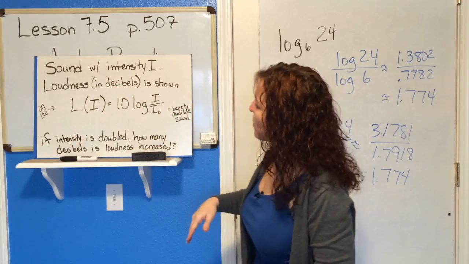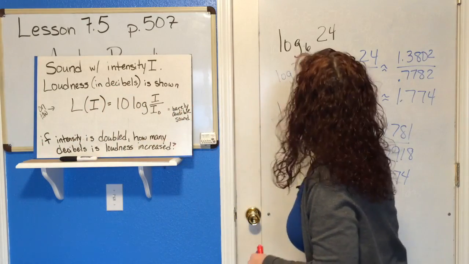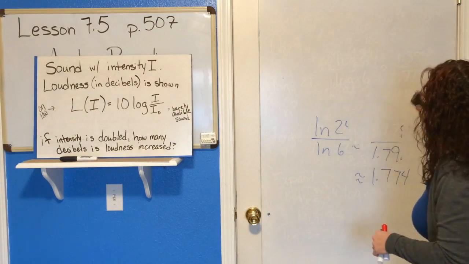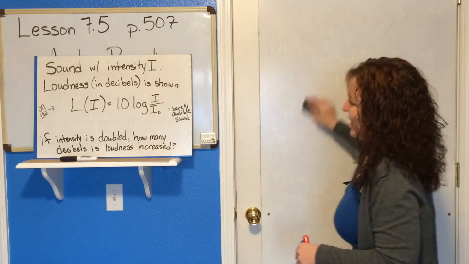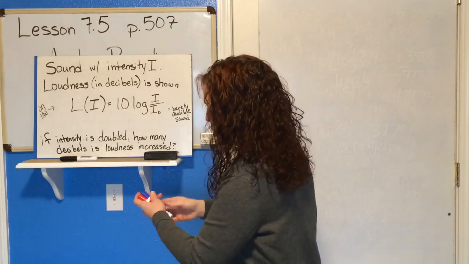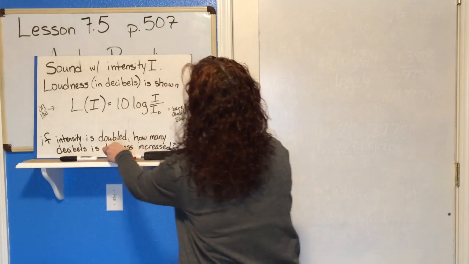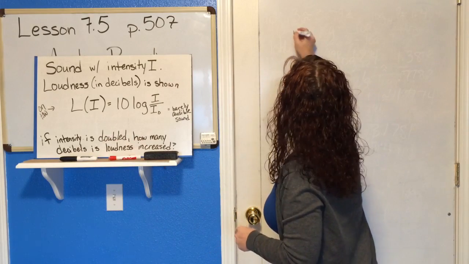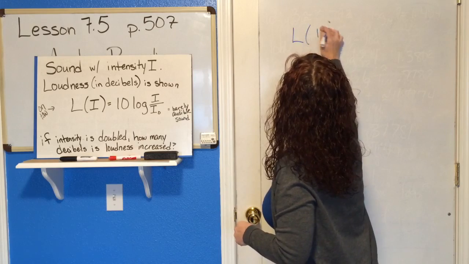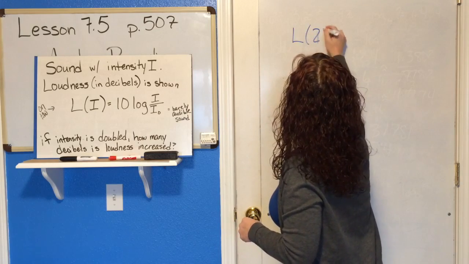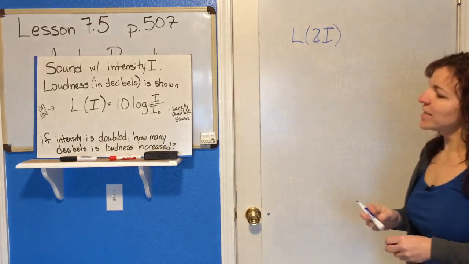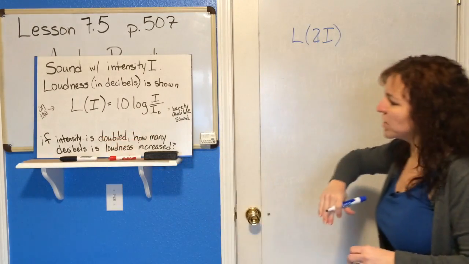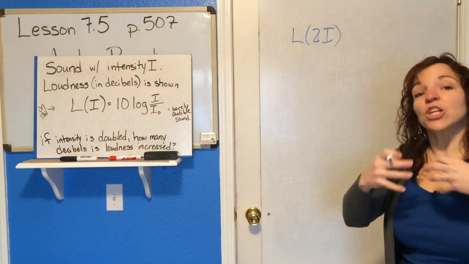All right, so the problem is asking, if the intensity of the sound is doubled, how many decibels did the sound increase? If the intensity is doubled, how much is the loudness increased?